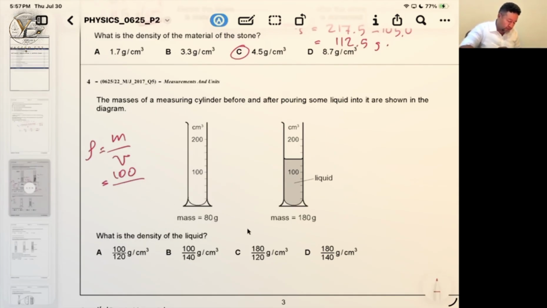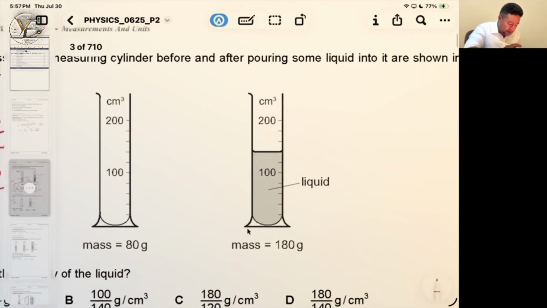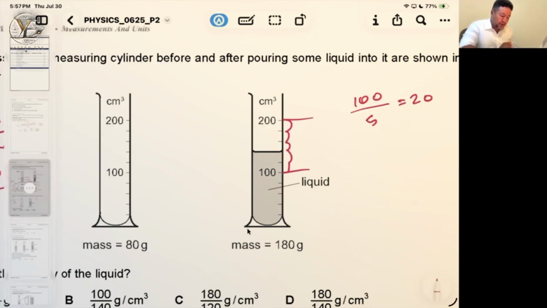What is the volume? It was 0, and after adding it, we have 100 and we have 200. How many divisions are between, 1, 2, 3, 4, 5? 5 divisions. So 100 divided by 5 will give us 20, so each division is 20. So the volume is 140, because we have two divisions. So here is 140 centimeter cube.